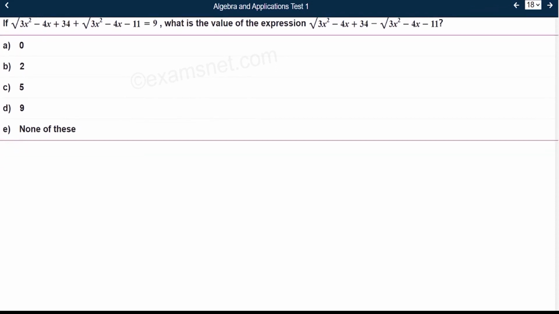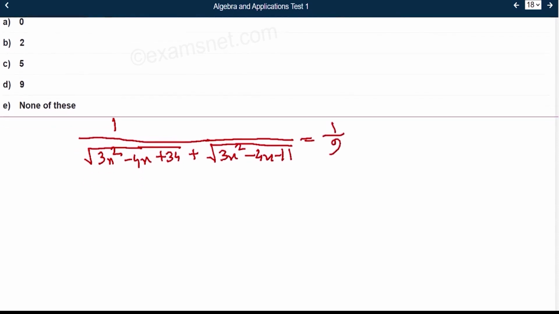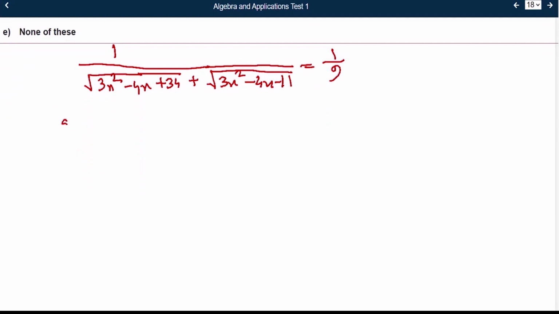Okay, since it is an irrational expression, let's make it reciprocal first. So 1 by root under 3x square minus 4x plus 34 plus root under 3x square minus 4x minus 11 equals 1 by 9. Now we have to do the rationalization.